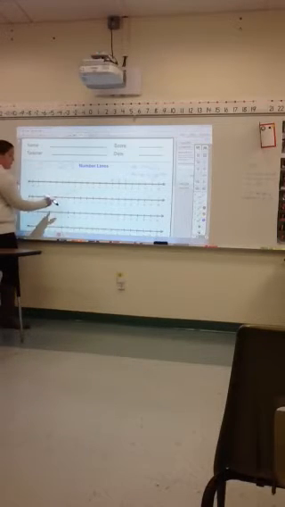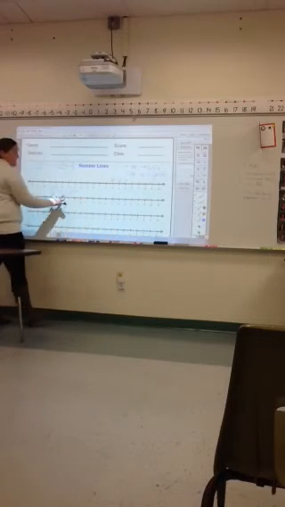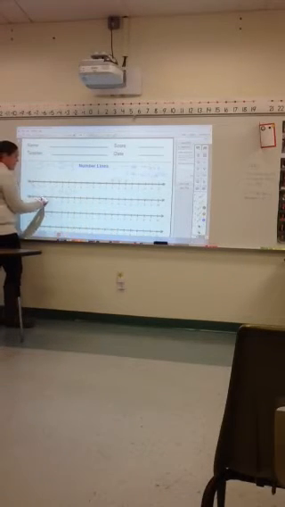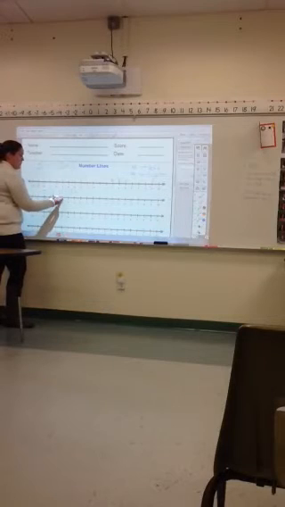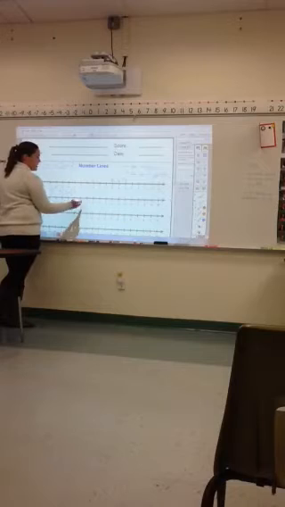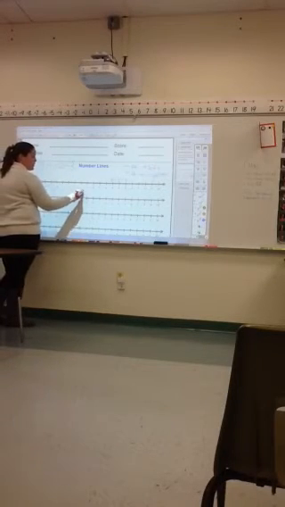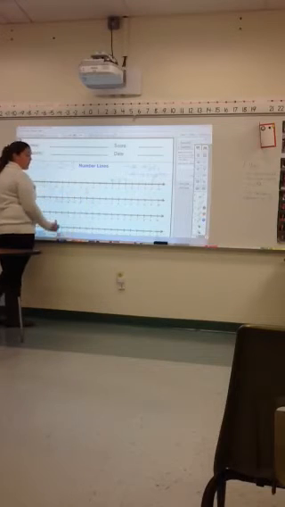So since I'm adding a positive, I need to move to the right 6 spaces. 1, 2, 3, 4, 5, 6. Draw my little arrow to show that my answer will be -2.